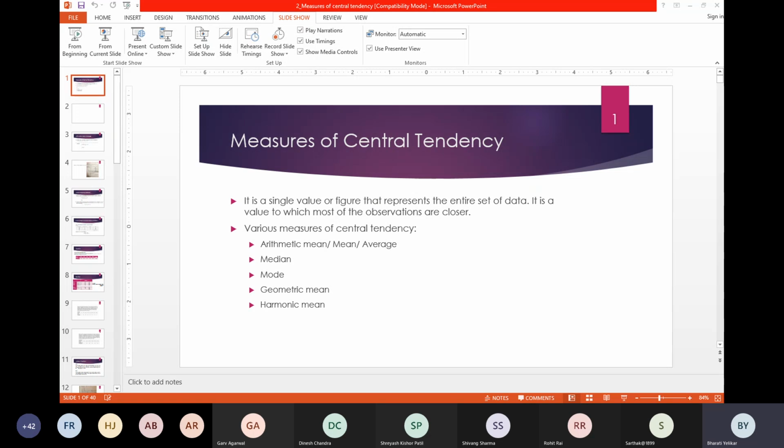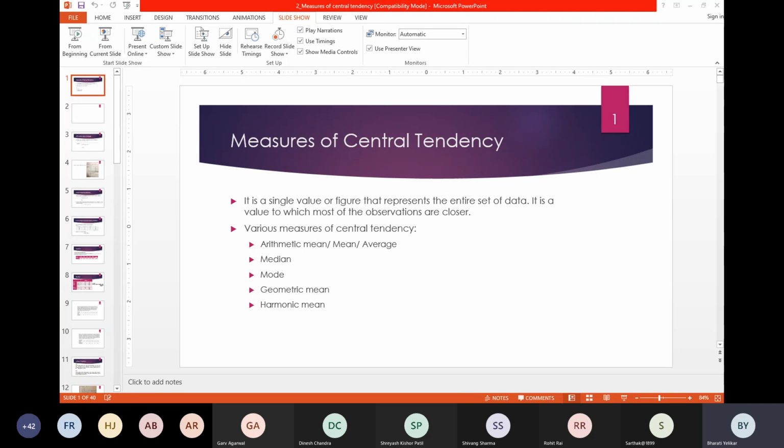Hello students, do you agree with this? So it is the comprehensive summary of the whole data set. That we say this is the mean value, this is the average value. So it is the summary of the percentage marks of the whole class. Now see, measure of central tendency, or this statistical average.